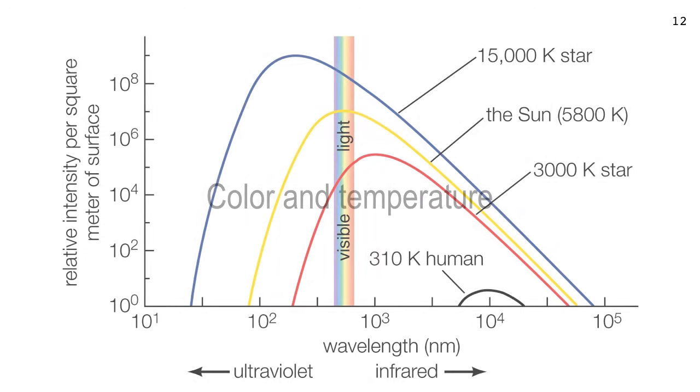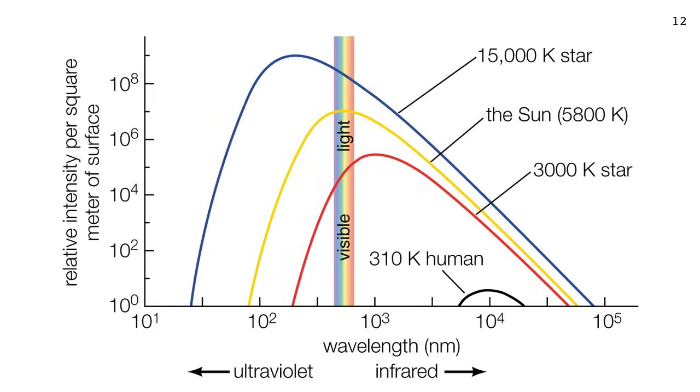So that whole idea of color and temperature. If you have something really hot, like in a steel mill, where you have these big furnaces, that stuff can be white hot. And what that means is it's got a lot of colors other than red.